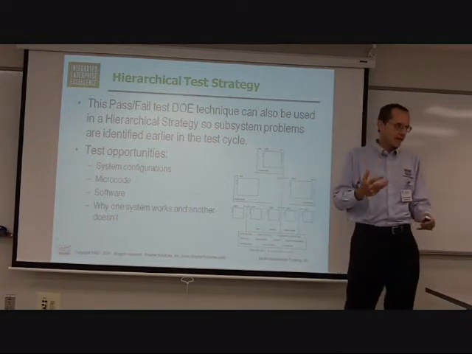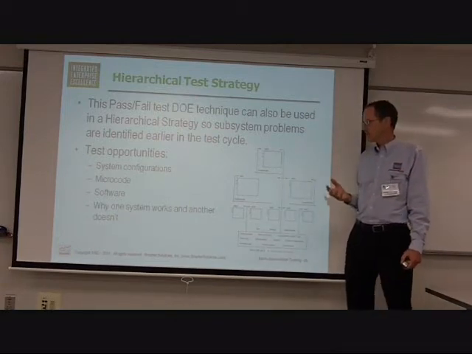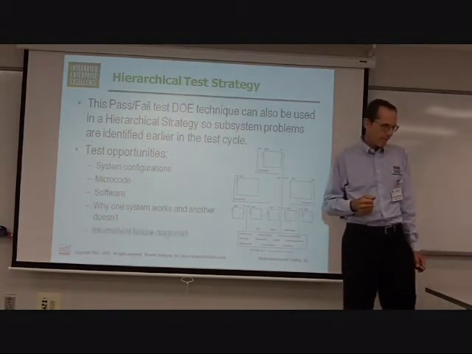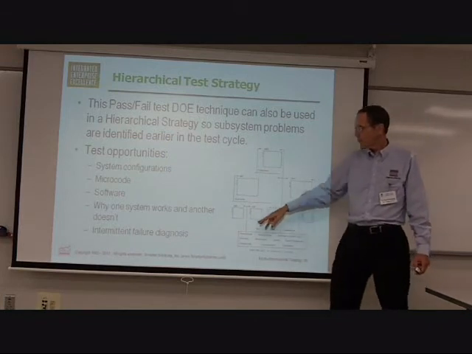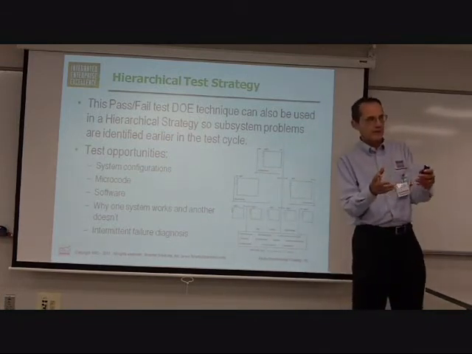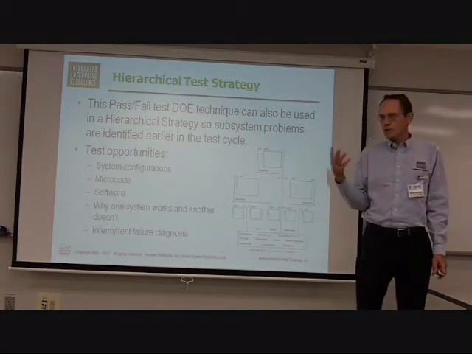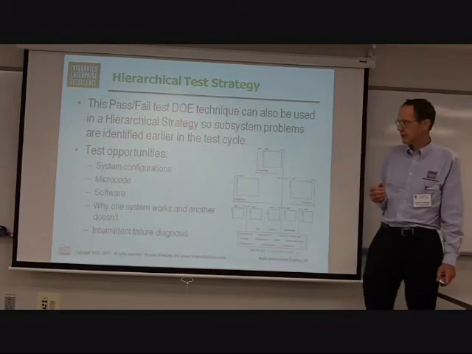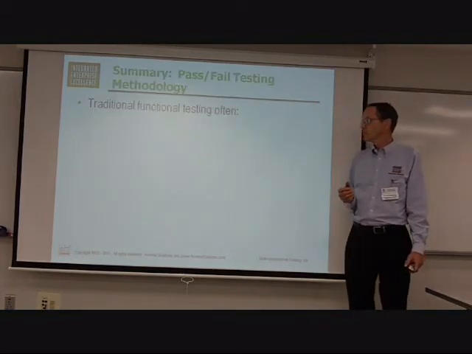Oh, it's a combination of this and that and the other, and that can give you insight into what the fundamental problem might be in your design. And also dealing with intermittent failure diagnostics. If you've got something that doesn't work, again, you can start switching things around, start looking at how customers might use it, things like that, to identify when you've got problems.